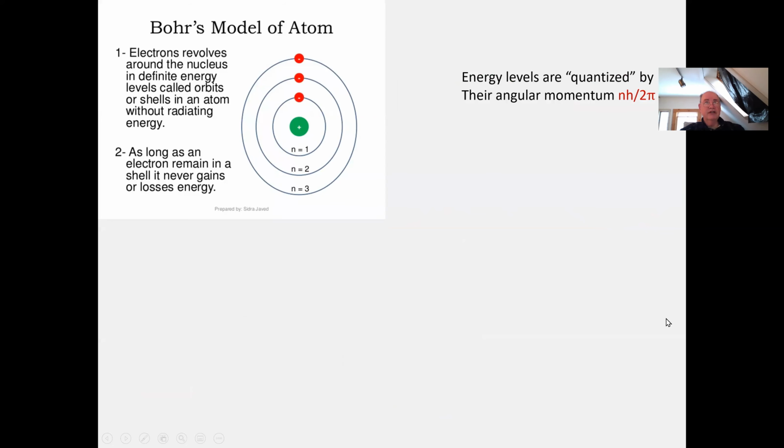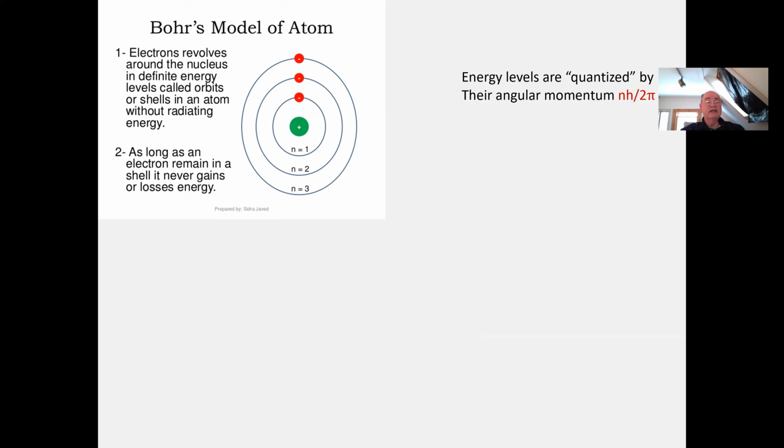Well, this is one of the great clues that Bohr started with his atom. He's got the problem of these electrons doing something around the nucleus, but they're not falling into the nucleus. They're stable. Atoms are stable. We're here. I'm speaking. So what Bohr said was the electrons revolve around the nucleus in definite energy levels called orbits or shells.